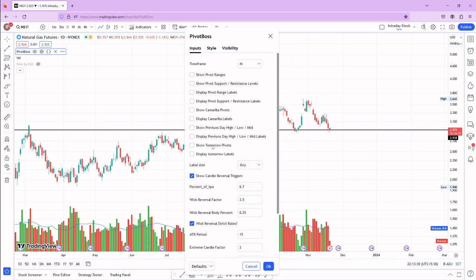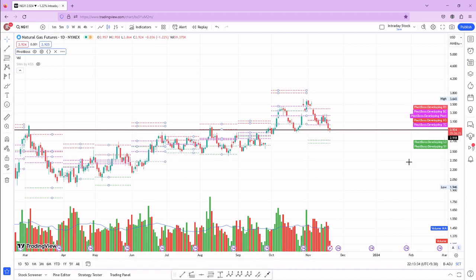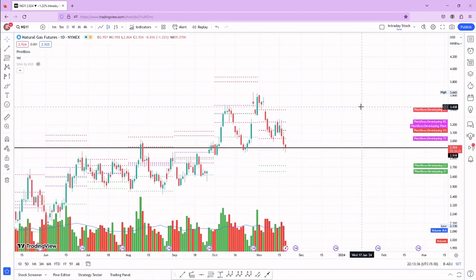Okay, I will enable show tomorrow pivots. Okay, see, these pivots or these lines are for October month, for November month. Whatever is developing now is going to be for December month.